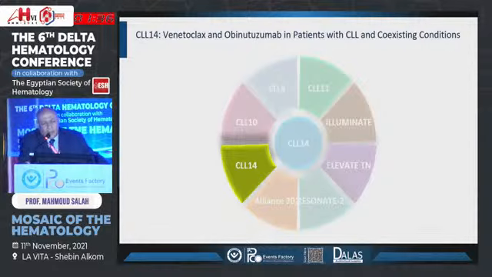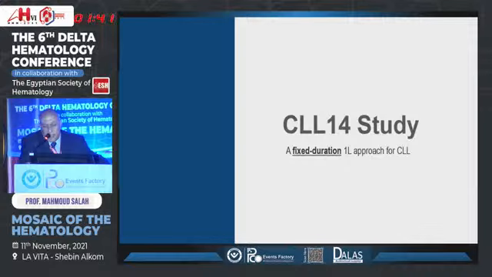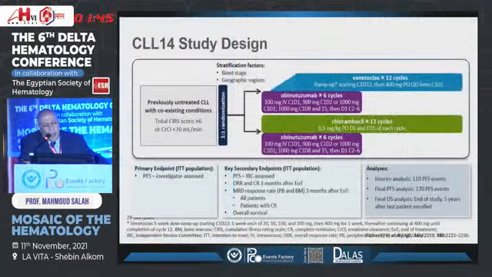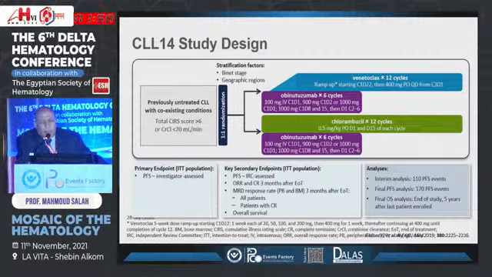The other study, the CLL-14, it's addressing the fixed duration first line approach for the CLL, which is comparing the two arms, the one arm receiving emtricitabine for 6 cycles and venetoclax for 12 cycles.